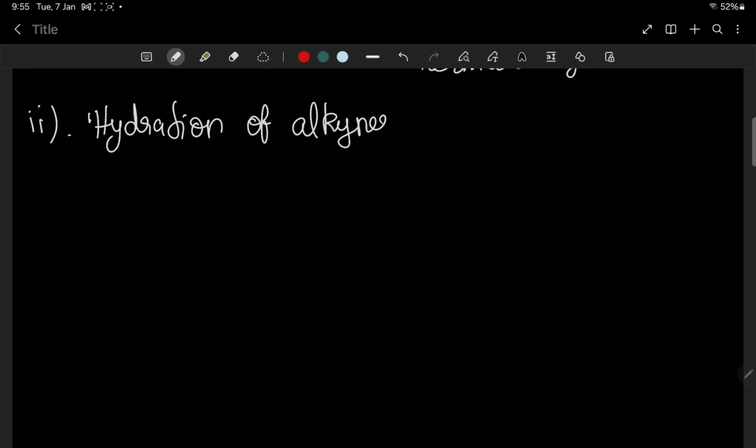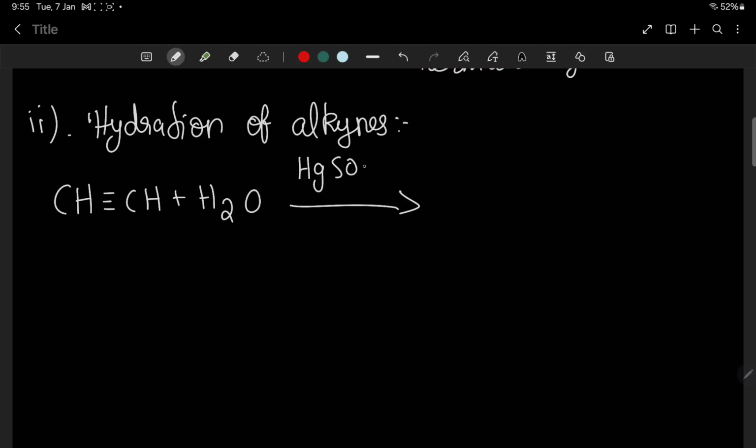Now from hydrocarbons itself there is another method, that is from alkynes. That was from alkenes. Now from alkynes, that is hydration of alkynes using mercury sulfate, HgSO4. Take the compound CH triple bond CH and add H2O in the presence of HgSO4 and H2SO4 at a temperature of 333 Kelvin.